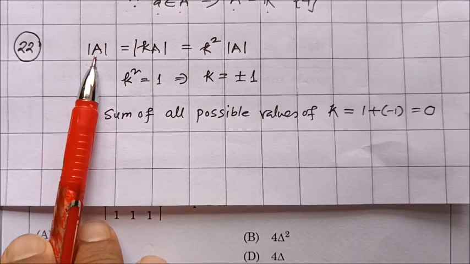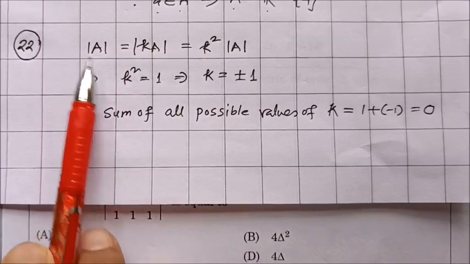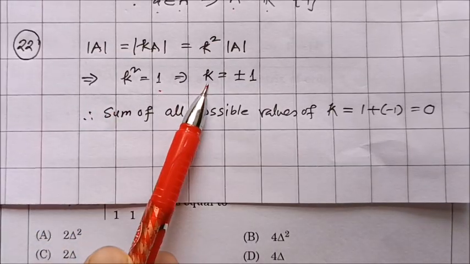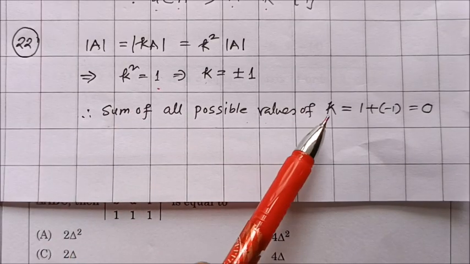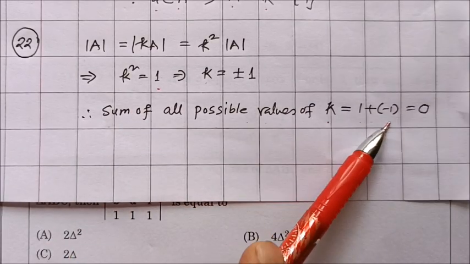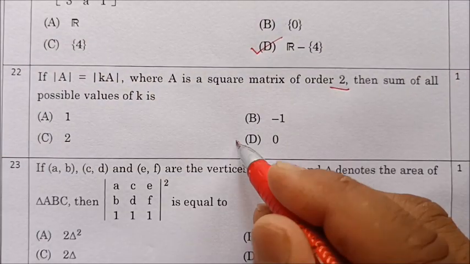If it were 3 by 3, then K cube would have come. Now K square equal to 1, so K has two values, 1 and minus 1. So sum of all possible values of K, that means 1 plus minus 1 is equal to 0. So in this case our correct option is D.